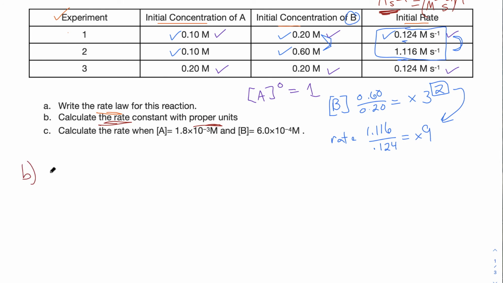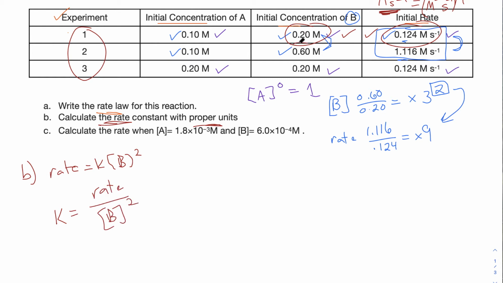Now really this is just a plug and chug. I have a rate, and I know it's equal to this expression. It doesn't really matter which experiment you pick here. In the key, it looks like I picked the first one, so it's these two data points I'm going to plug into my expression. K doesn't affect the rate, so it's not going to be in the data. If I want to calculate the rate constant, I just solve for K. Now I have values for these two, and I simply plug them into the formula.